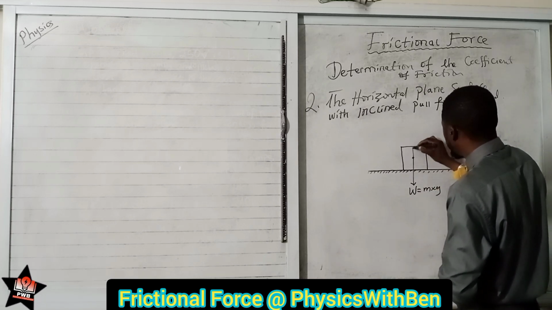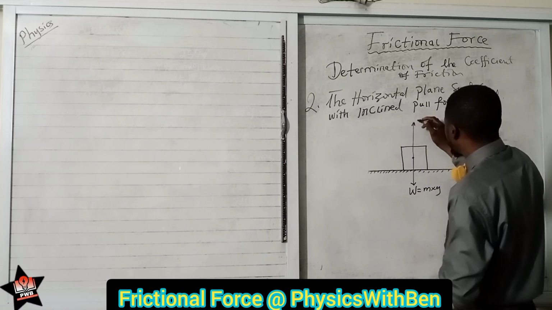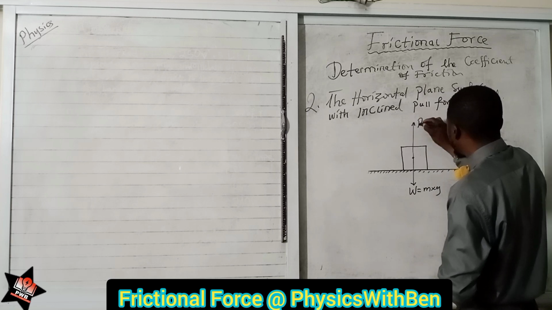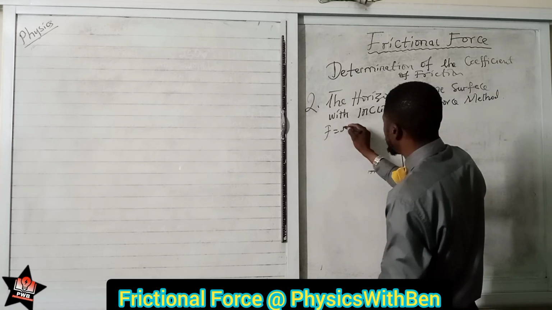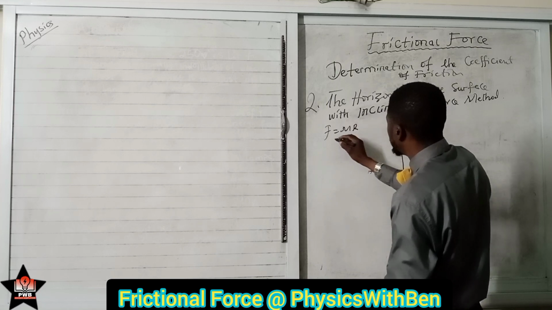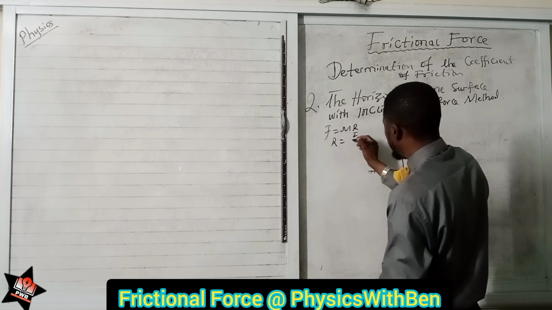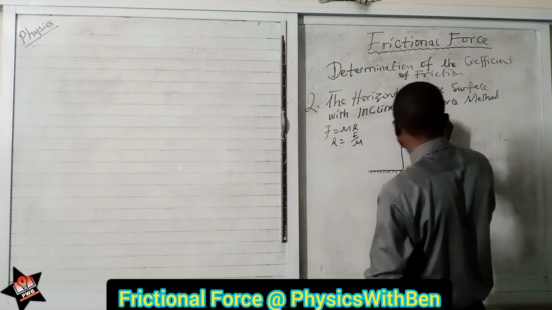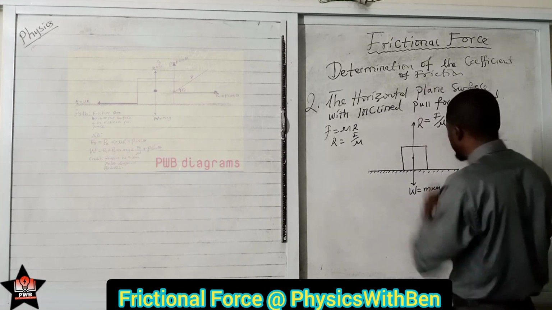The normal reaction is always in this direction, and that is your R. And you know that from F equals mu R, your R is equal to F over mu. So this is F all over mu.